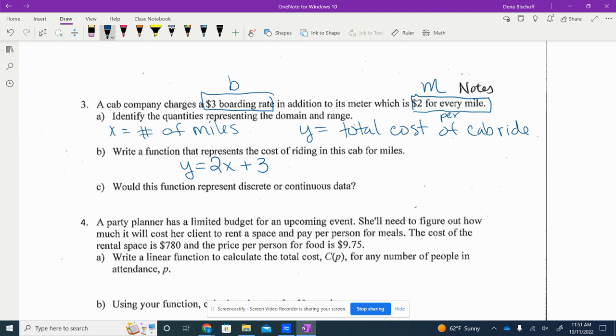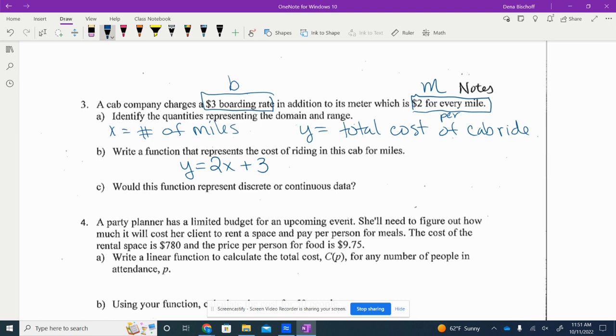Is this function discrete or continuous? What did we say the last time? The last time it asked us a question about that, we said that the input can only be what? If it's discrete, that means that the input is only what? It's a whole number.